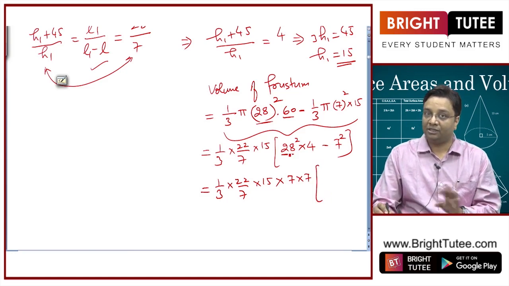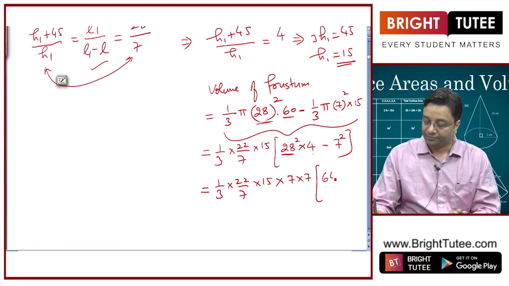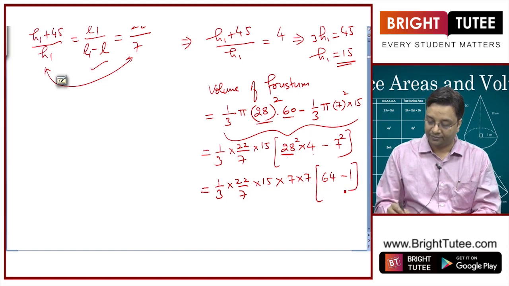From here 7 square is gone, so 4 square will remain inside. 4 square into 4 is 64, minus 1. So now this 7 can be cancelled, 3 5s are 15.